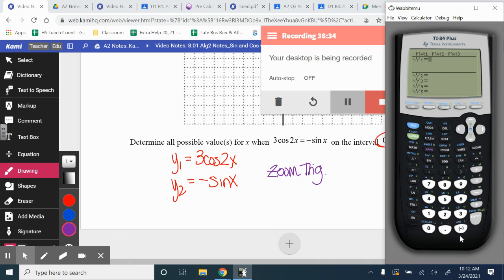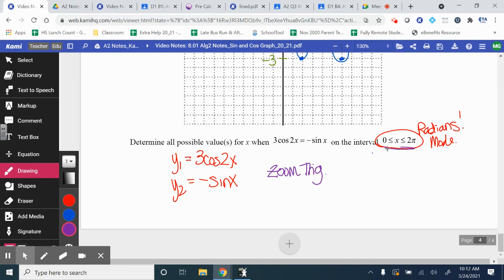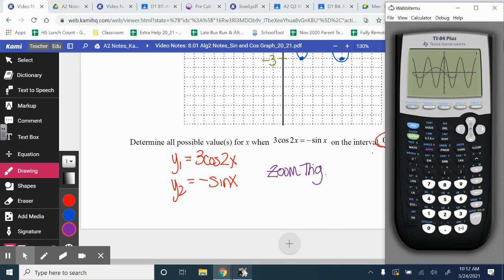All right, so here we have 3 cosine, in parentheses, the 2 and the x, and then in for y2, negative sine of x. Again, hit zoom, let me make sure I'm in radian mode, and then hit zoom 7, which is your zoom trig. Now, because I want this to go from 0, I only care about the intersections from 0 to 2 pi.